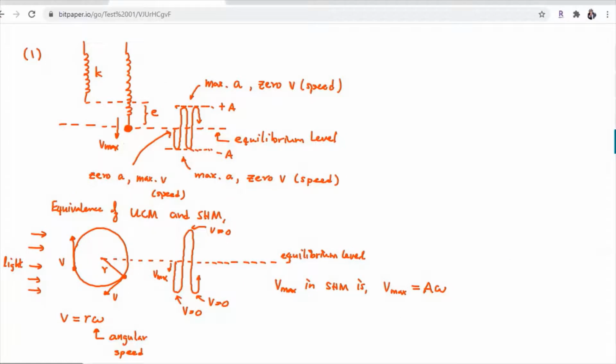So Vmax over here corresponds to the speed of the mass when it moves through the equilibrium level.